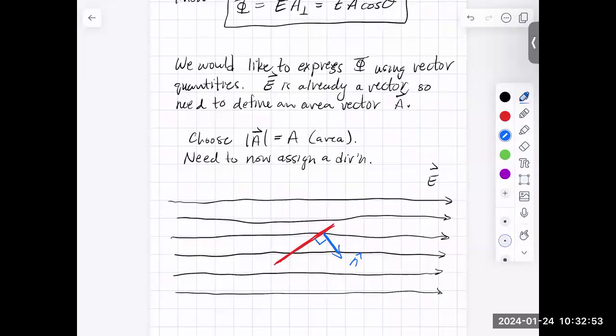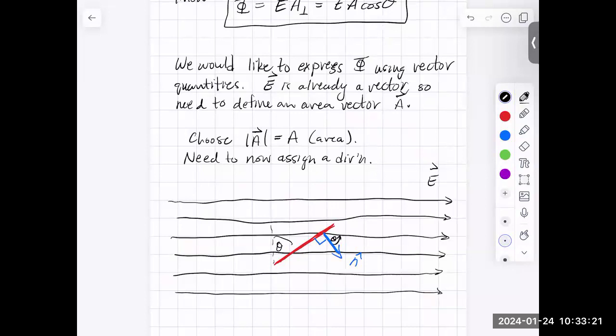So this angle here was theta. I'll draw it on this side just to leave room for our normal vector. I think you could do a bit of trigonometry and prove to yourself that this angle theta is the same as the other theta that we drew.